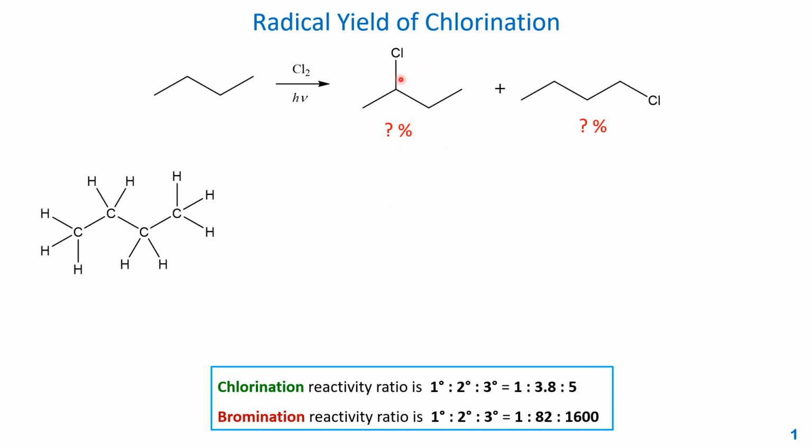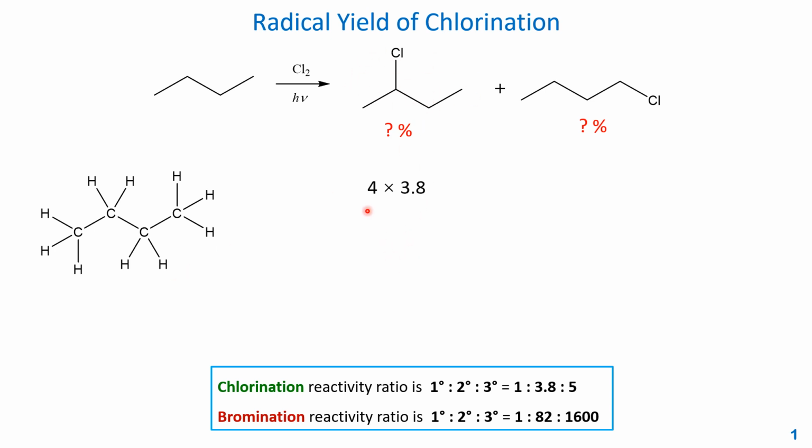If you look at this product, the chlorine will replace one of the secondary hydrogens. In this expanded structure, there are overall 4 secondary hydrogens that can be replaced. Any one of these 4 hydrogens can react and be replaced by chlorine to form the same product.